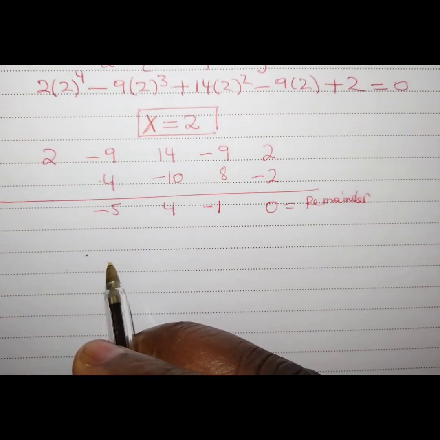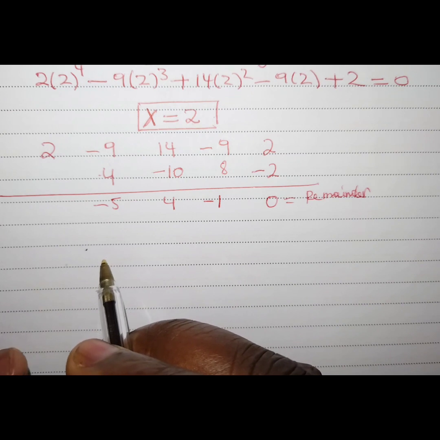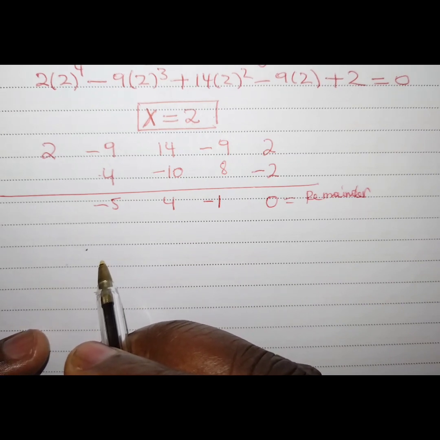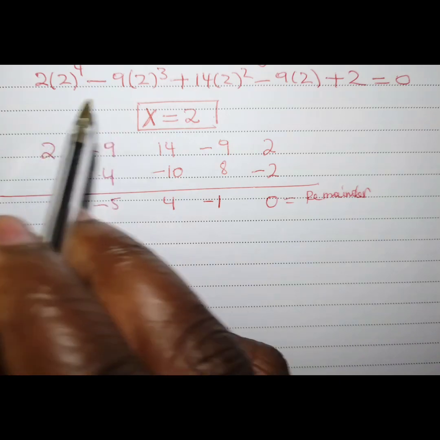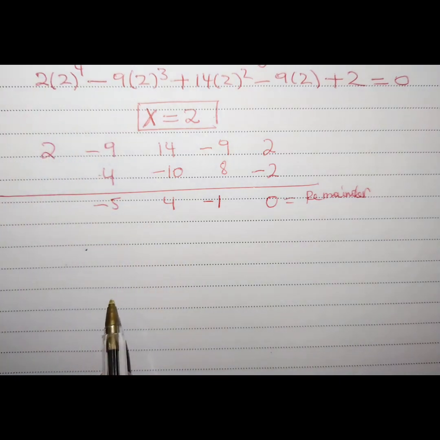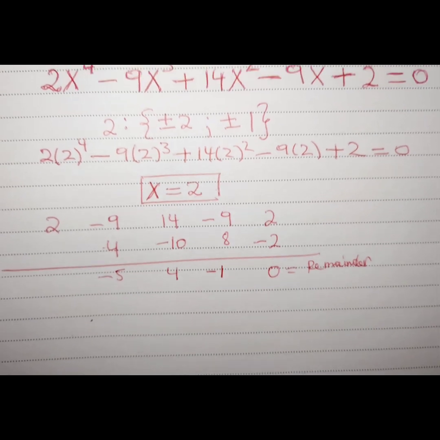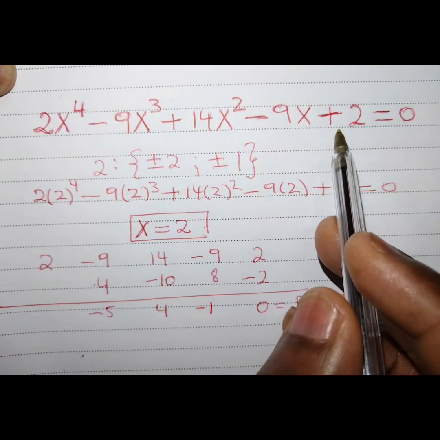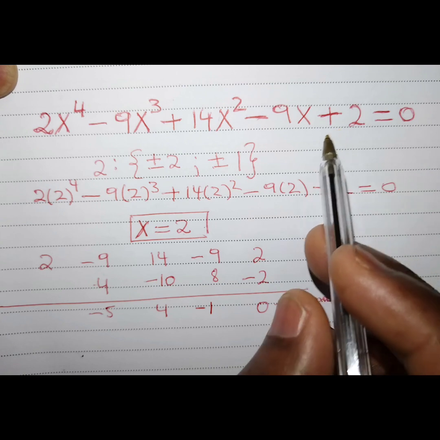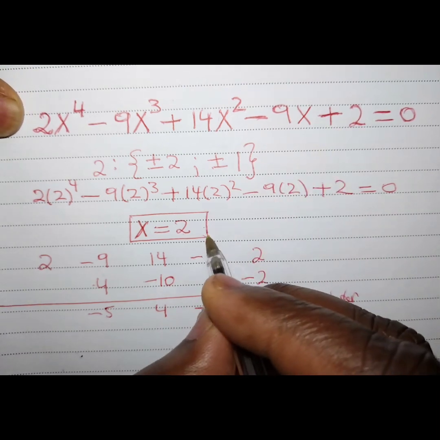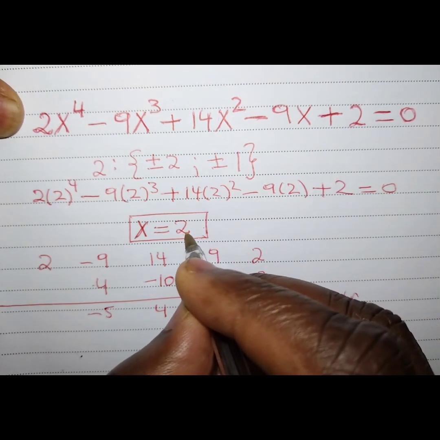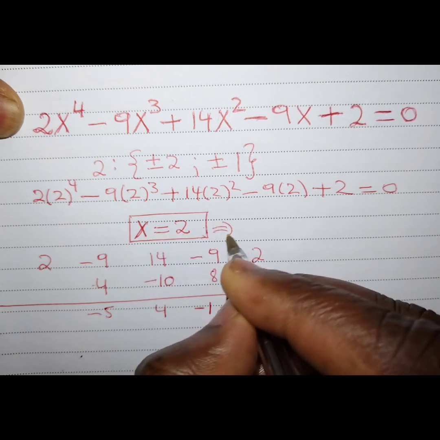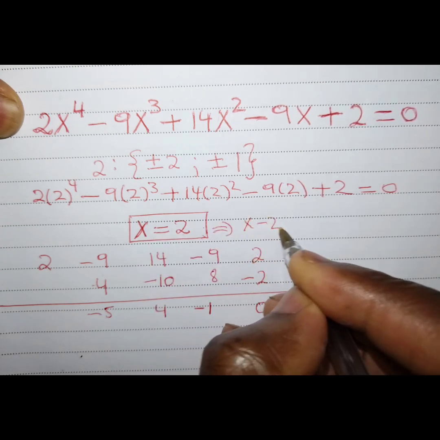So now, how do I find the 3 remaining roots? As we have seen, I'm going to reduce the quartic equation. I'm going to divide it by the binomial that I'm going to find here. Bringing 2 to the other side of the equation, we're going to have x minus 2.